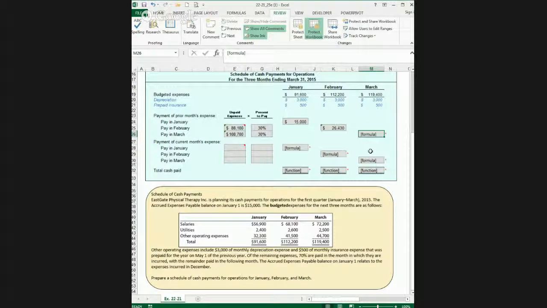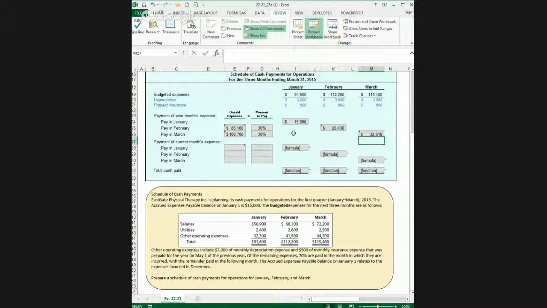So calculating the March's payment would be the total expenses incurred in February times the percent of those February expenses that would be paid in March. That's 30%. Push enter, and you have the expenses, $32,610 from February that would be paid in March.